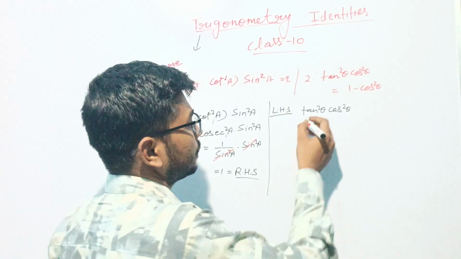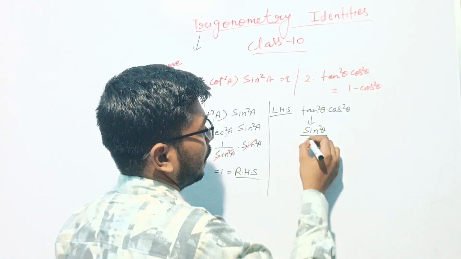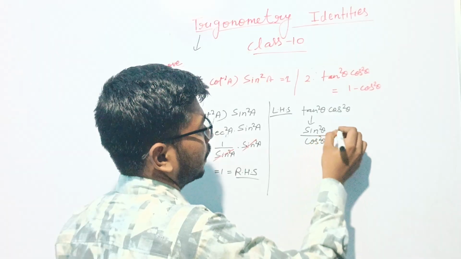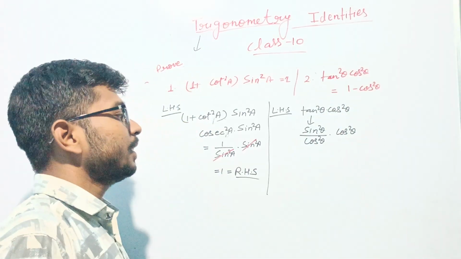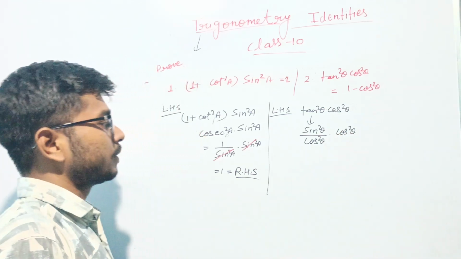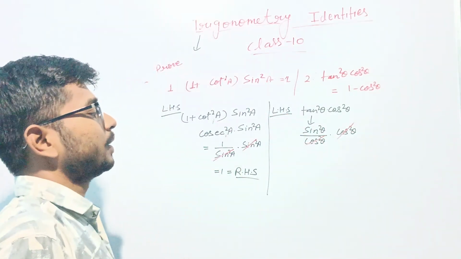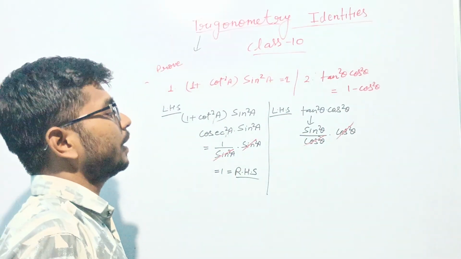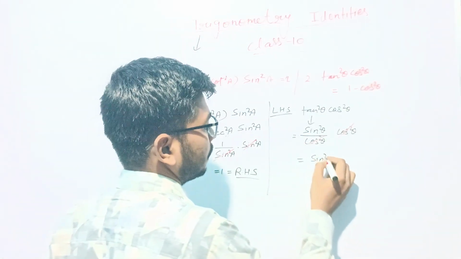So sin square theta upon cos square theta is multiplied by cos square theta, right? Cos square theta we can cut, and finally you will get sin square theta.